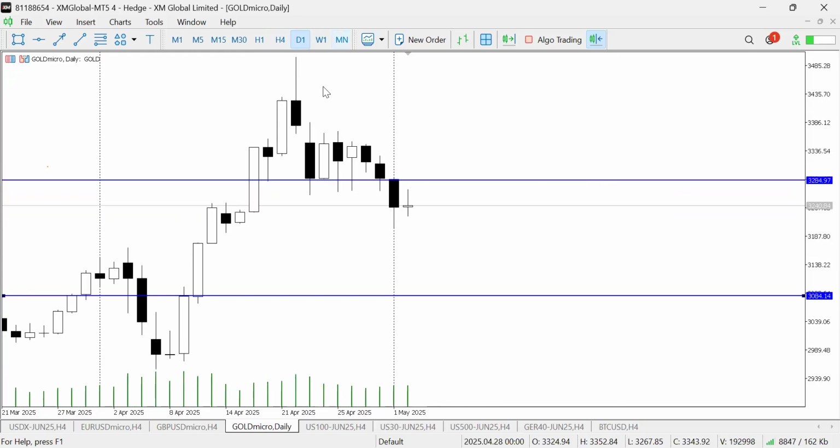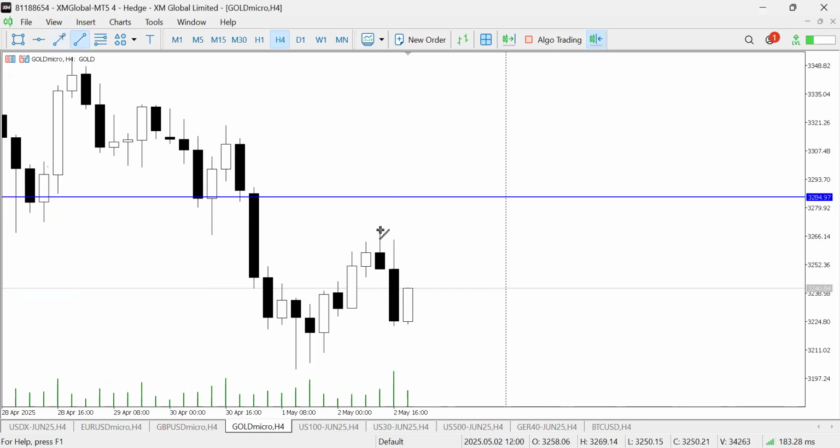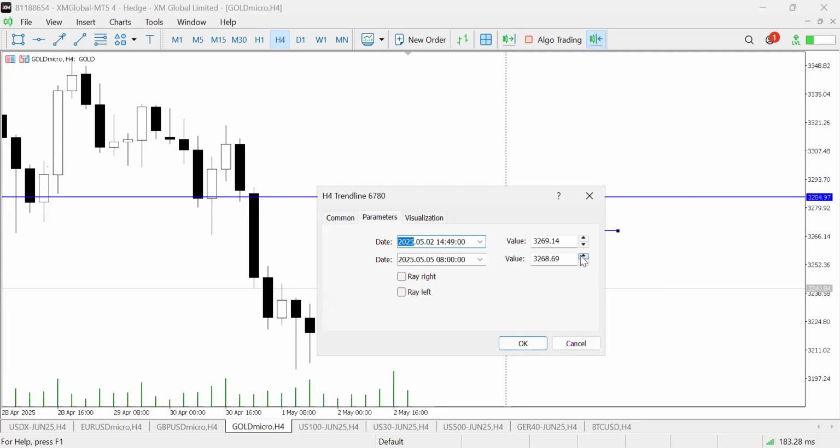So in that case, if we're bearish, where would I sell? So the first place where I would sell is above this high, right? That's opportunity number one.